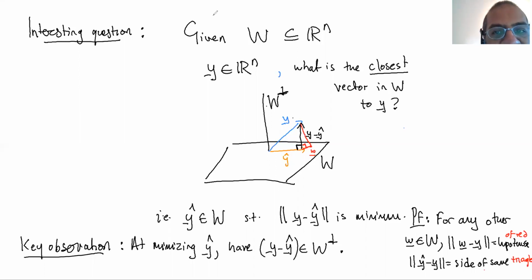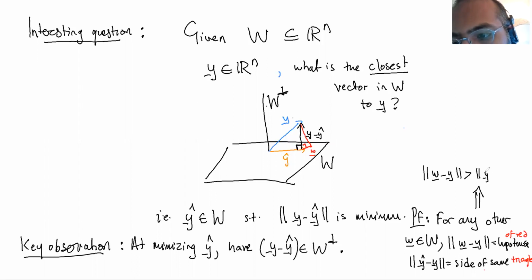So this implies that any other such point W must be farther away. So if W is not equal to y hat, it has to be farther away. So any y hat that has this key orthogonality property must be the closest point.